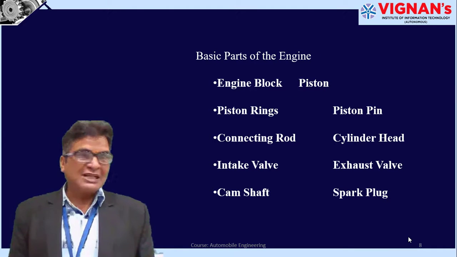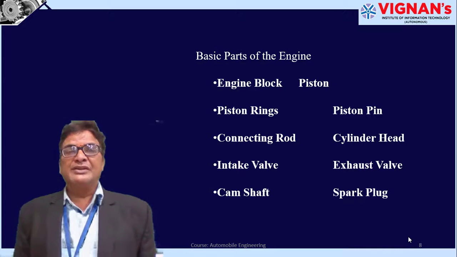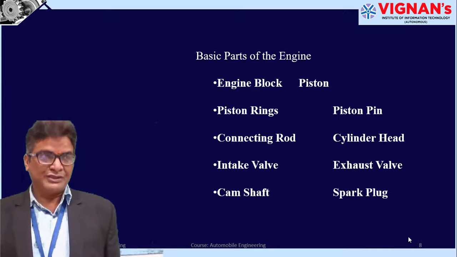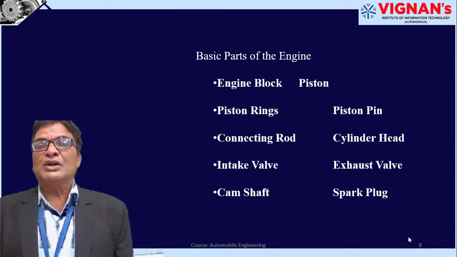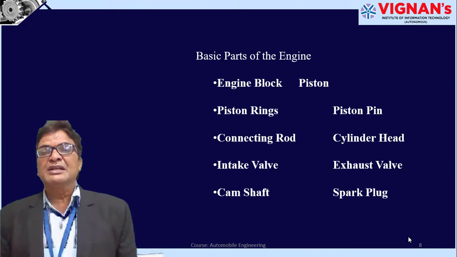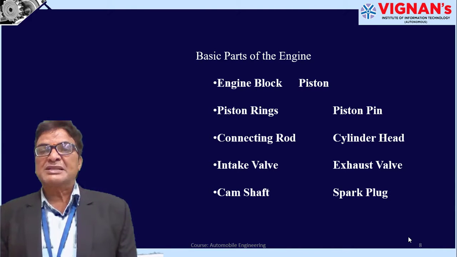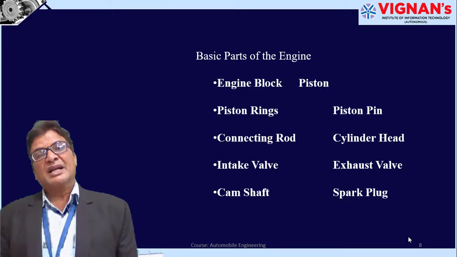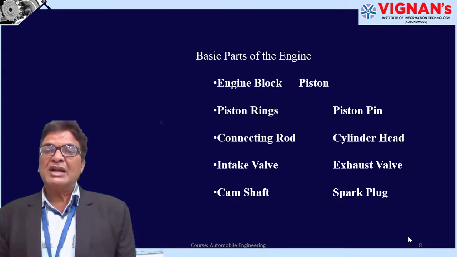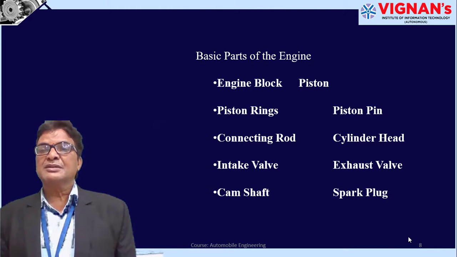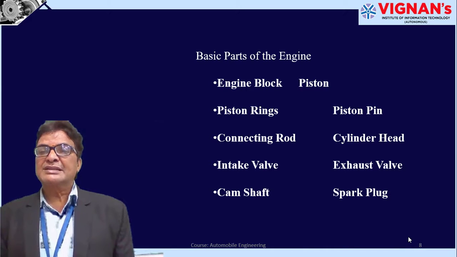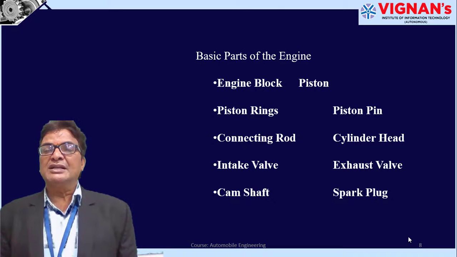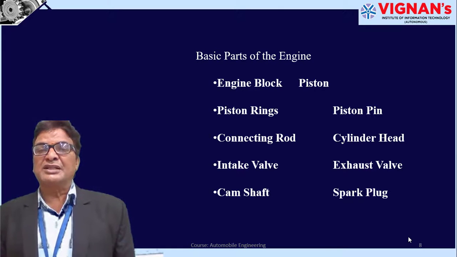Now let us consider the basic parts of the engine. What are the parts of the engine? This is also called the nomenclature of the engine. You will be asked to explain the nomenclature of the engine. So the various parts of the engine are the engine block, piston rings, connecting rod, intake valve, camshaft, piston, piston pin, cylinder head, exhaust valve, and finally the spark plug or injector.